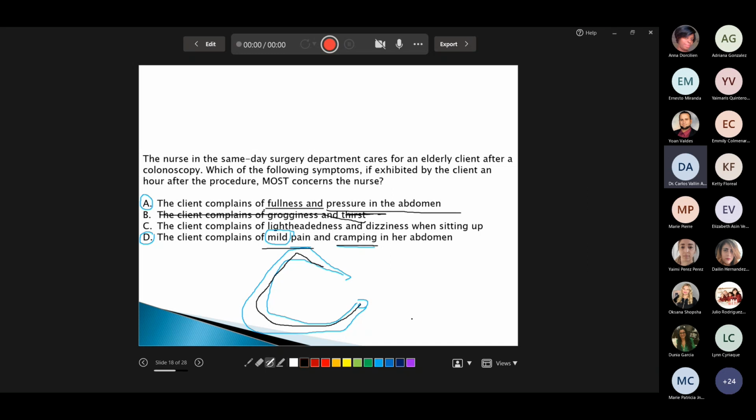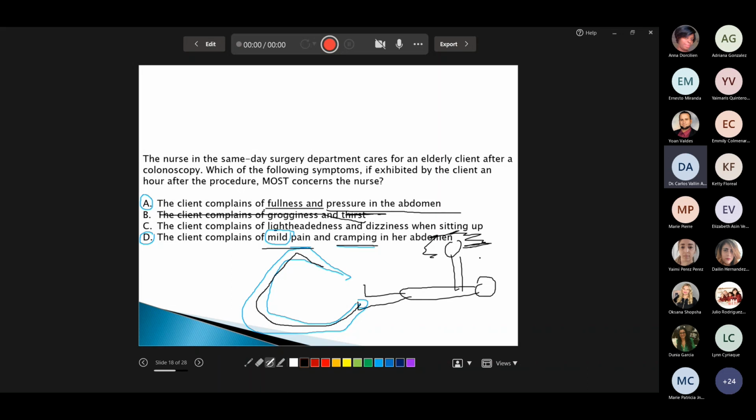But what does it mean when a person in a recumbent position feels okay, but when the person sits up, feels dizziness? What does that mean? Orthostatic hypotension. Yes, this is the way that patients refer to orthostatic hypotension.